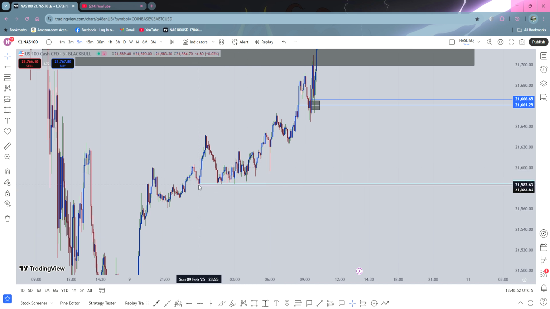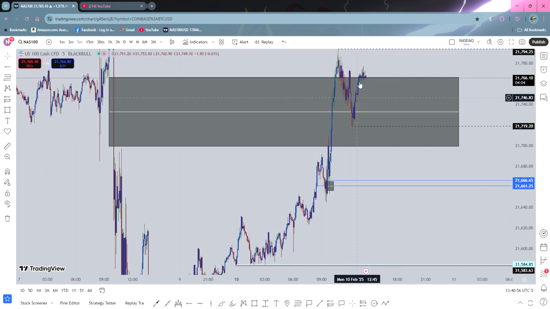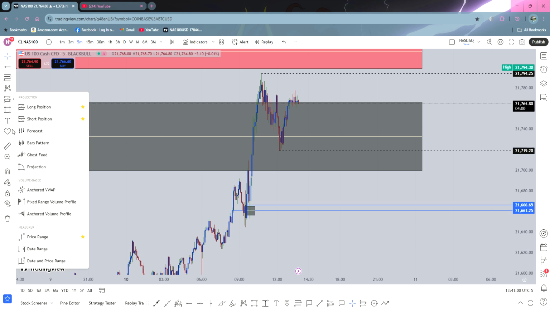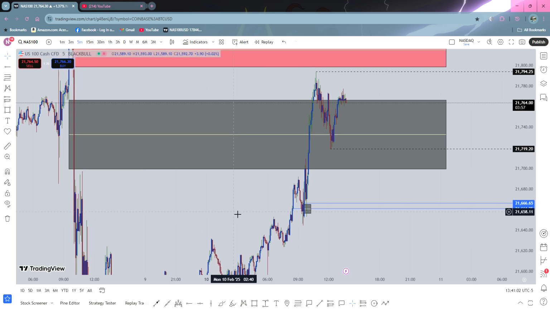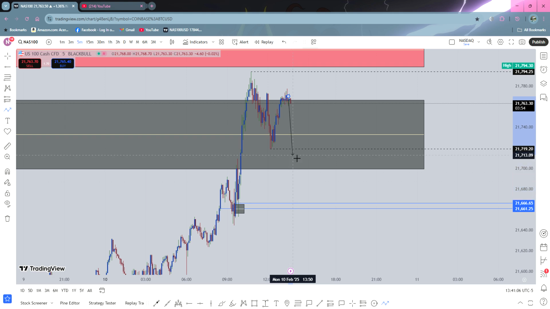So until we take these babies out, I'm not interested in entering this trade. Even if it comes like this, I need this low to be taken out. Trading is a waiting game, guys. And look at this, we have a volume imbalance, so I can anticipate price coming all the way here and then probably do something like that.